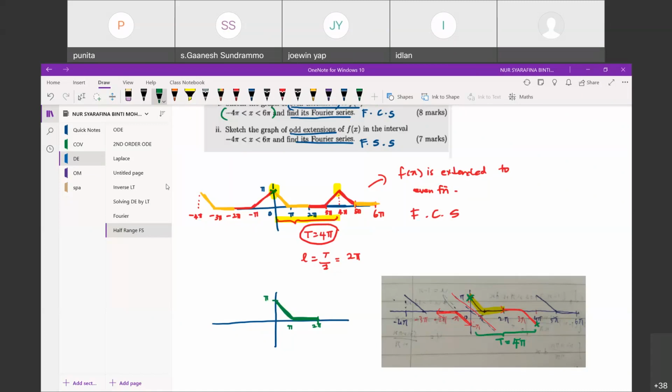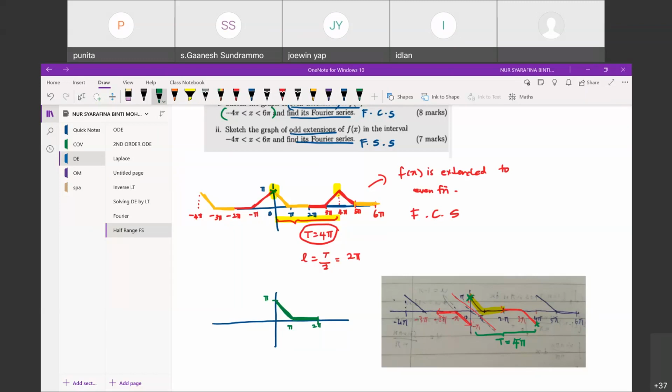So again, from here to here, this one should be here. Clear or not? Yes, okay. So you have to make sure where it is reflected, and then how you can make sure where it should be extended to so that it is reflected there.